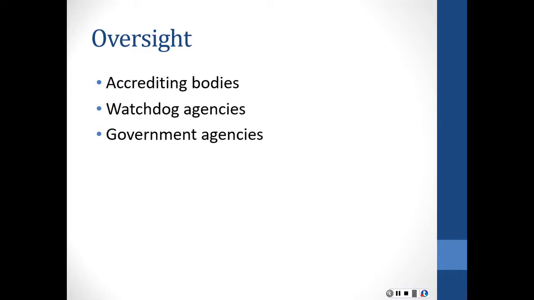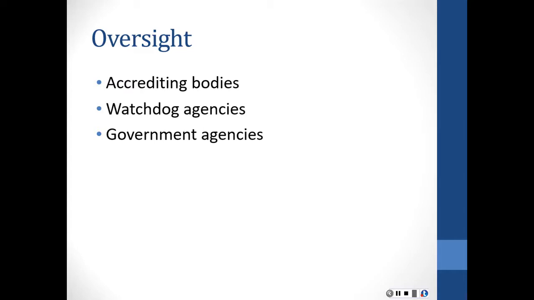I think people always assume that nonprofits are always working in the best interest of the people that they serve, but they also have to make money. They don't have to make a profit like a for-profit business does, but they have to make money, and sometimes they might do some unethical things in the process. So that's why we have oversight for nonprofits.